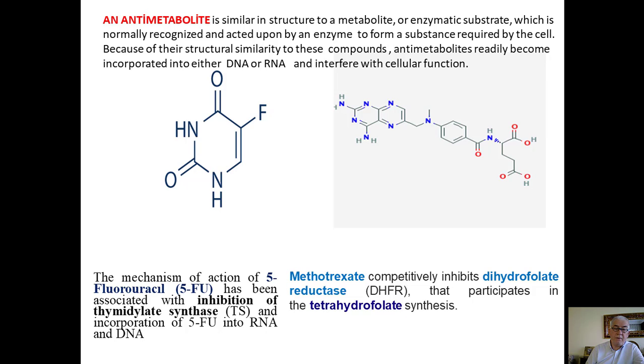For example, 5-fluorouracil is an analog of the uracil molecule and is associated with inhibition of thymidylate synthase, a key enzyme for synthesis of thymine nucleotide. Another one is methotrexate. Methotrexate is similar to dihydrofolate and inhibits dihydrofolate reductase. It is another competitive inhibition, and also targets another key enzyme needed for the thymidylate synthase enzymatic reaction.